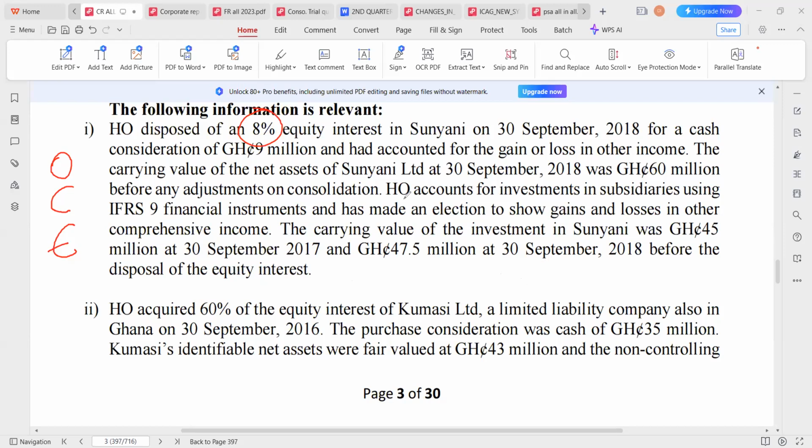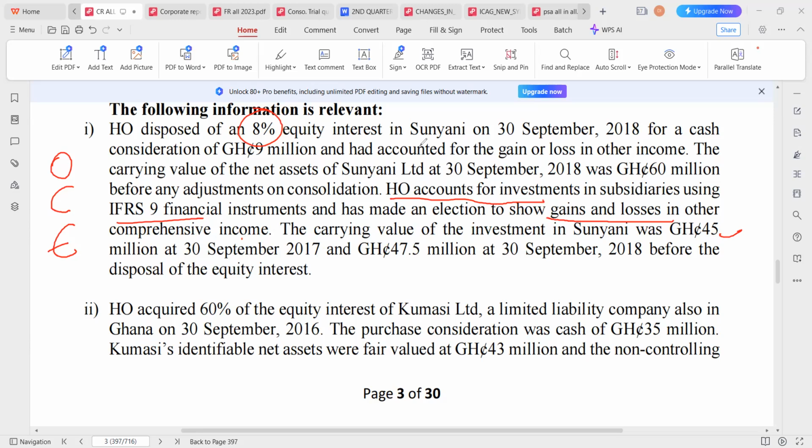For example, who accounts for investment in subsidiary using IFRS 9, financial instrument, and has made election to show gains in other comprehensive income. The carrying value of the investment in Sunyani was 45 million at 30th September 2017 and 47.5 million at 30th September 2018 before the disposal.